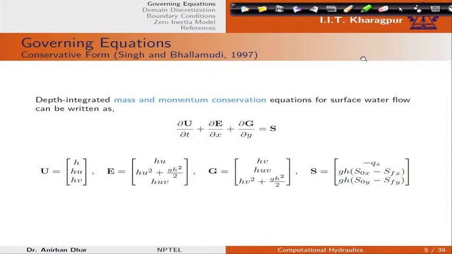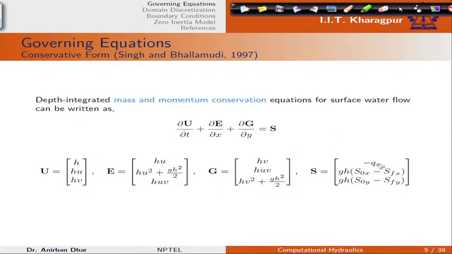Individually, if we see these components, this is H, HU, HV; HU, HU square, g H square by 2, HUV; and this one HV, HUV, HV square, g H square by 2.